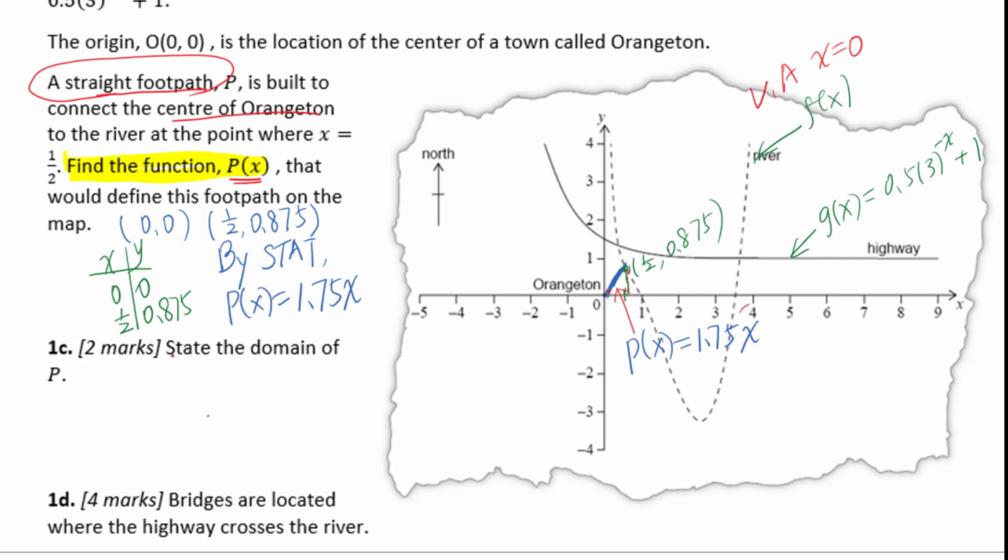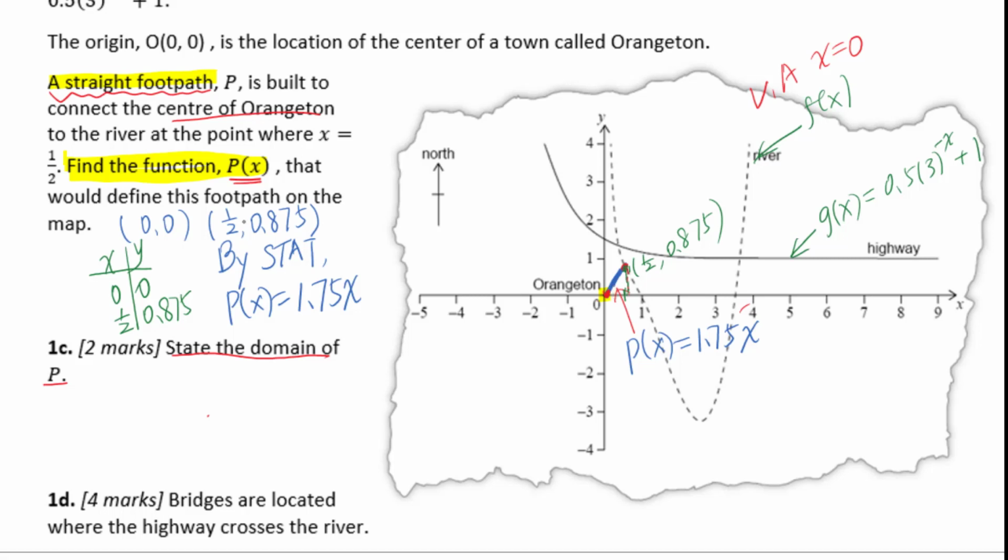For 1c, state the domain of the P function. What's the P function? The P function is a straight footpath connecting the center of this town and the point on the river. Therefore, the ending points are not included.